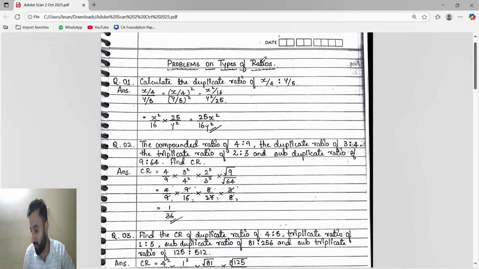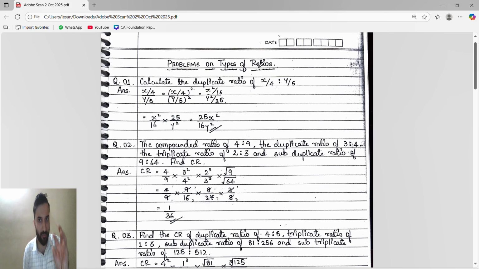The first problem we will see. So now we will do the problems based upon the topics. In the last video, first we understood some important basics about the ratios, like what is the ratio and how we write the terms.